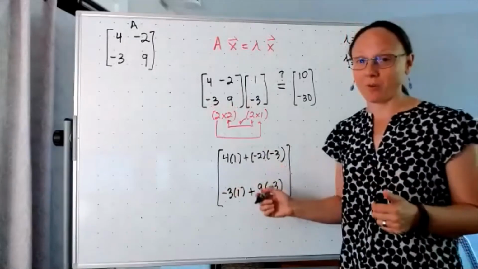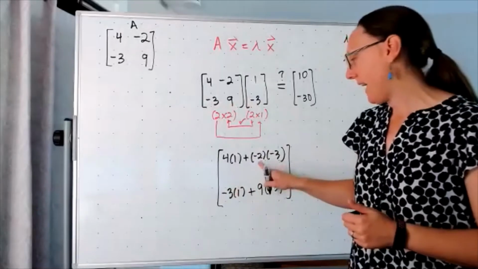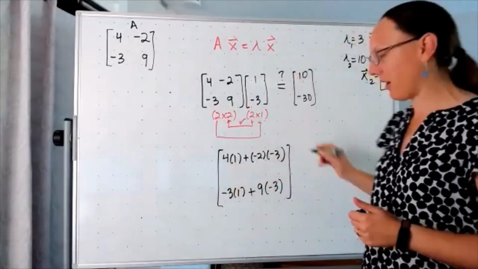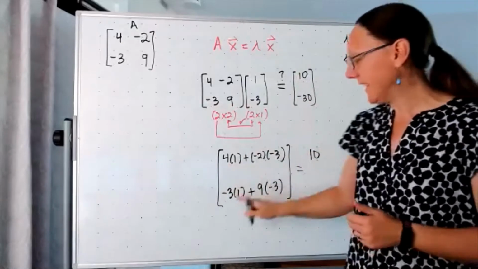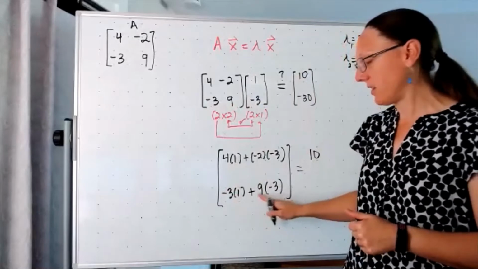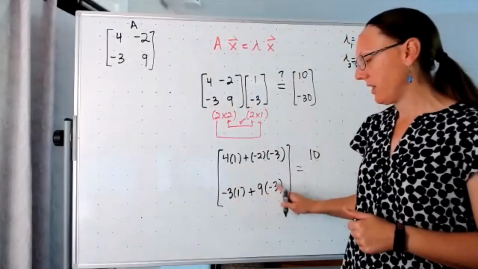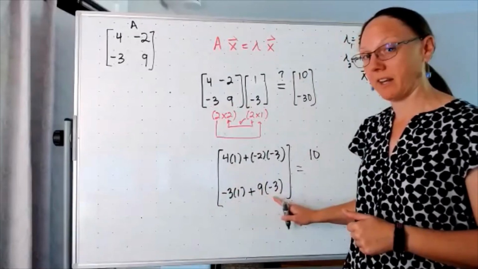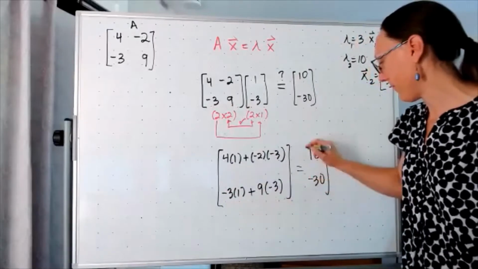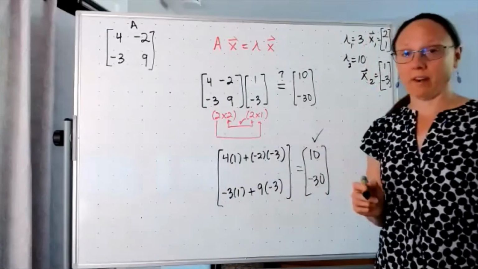And when we work out the arithmetic here, -2 times -3, that's a +6 plus 4. Hey, we got our 10. -3 plus, okay, well, 9 times -3, that's -27, plus another -3, that's -30. We win.